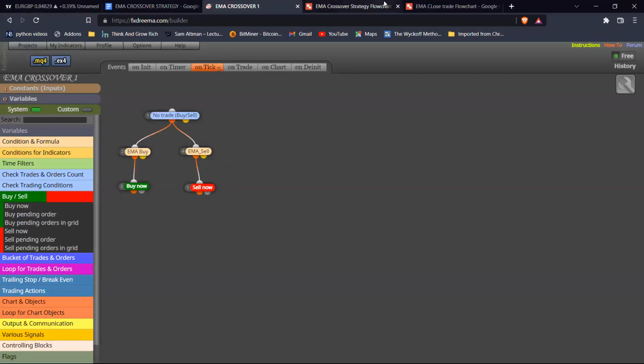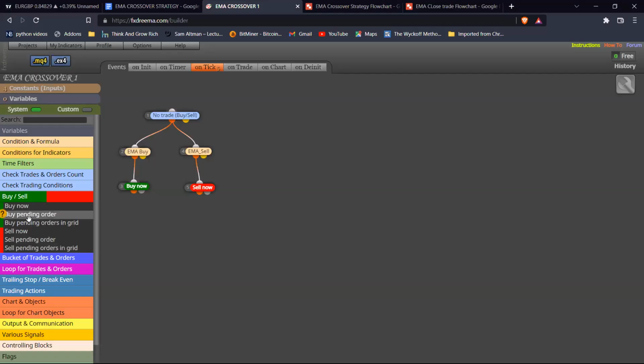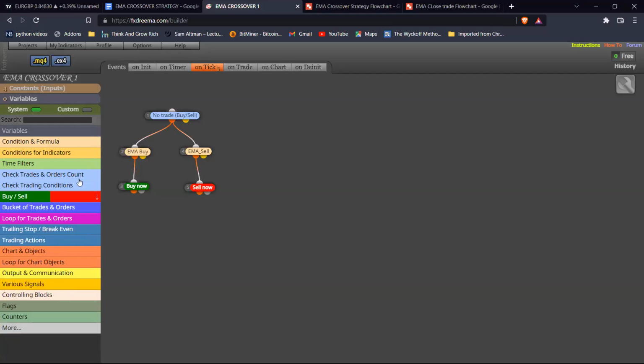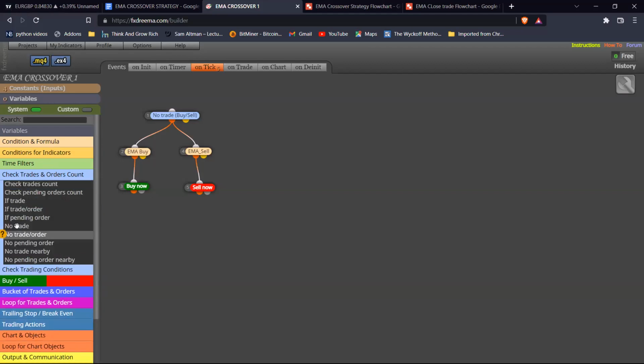Now remember, what we want to do is check if there's a buy or if there's a sell. So we come here under trading, under check trade conditions, under check trading condition plus other accounts, and we select if trade.